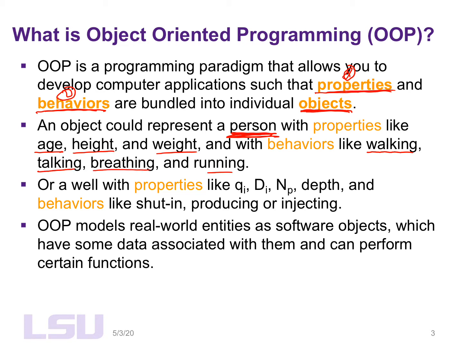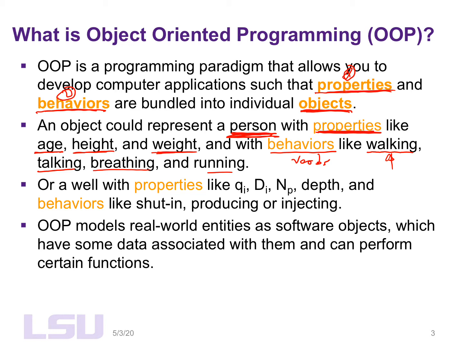It could also include the actions that can be performed on the object. So for a well, it could include shortening the well. So these are verbs. That's the main difference. So behaviors are actions. They are usually verbs, like all of this. And properties are characteristics, and they are like those shown here.